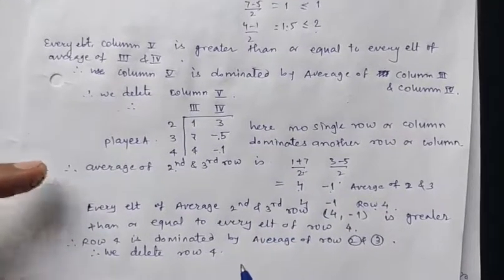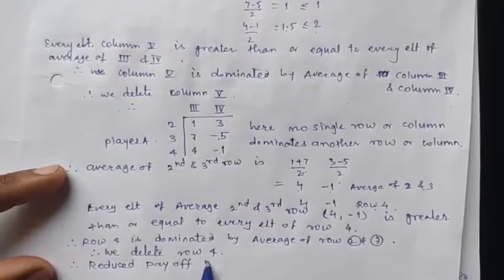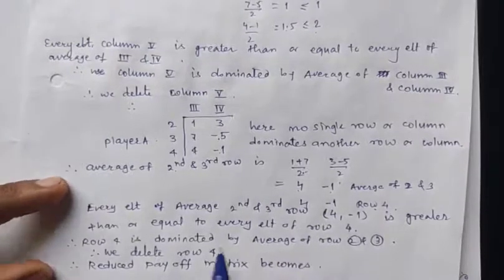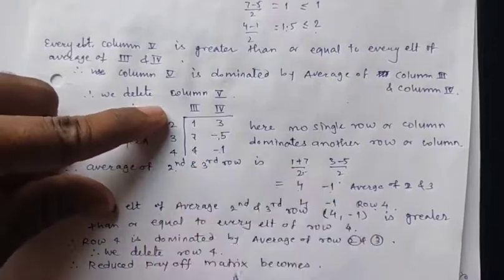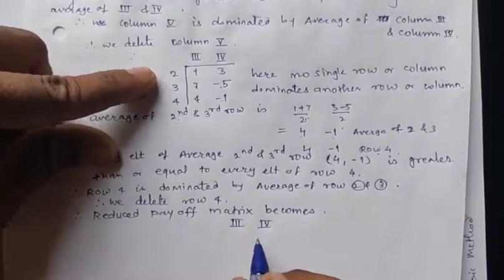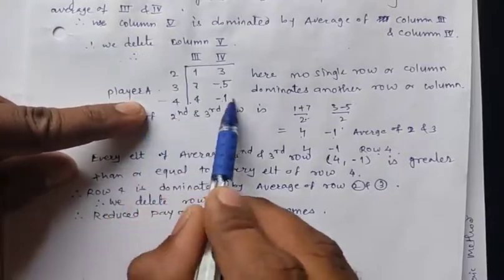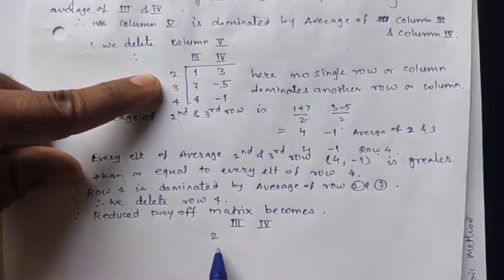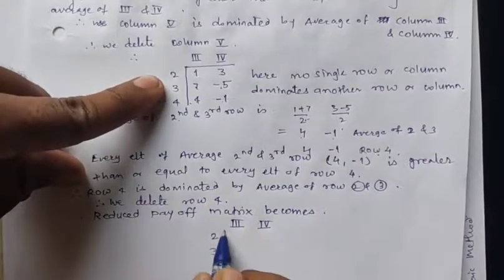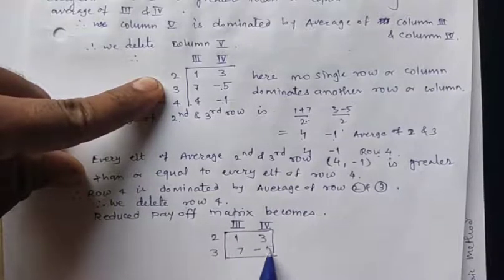Therefore the reduced payoff matrix becomes, so what do we get? The third and fourth column, and after deleting the fourth row, we get the second and third row having entries 1, 3, 7, minus 5.